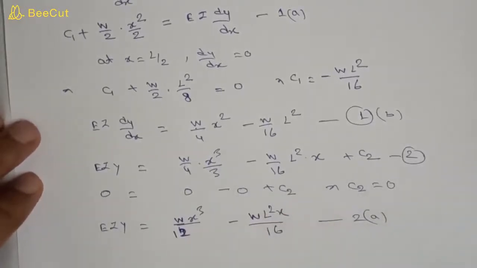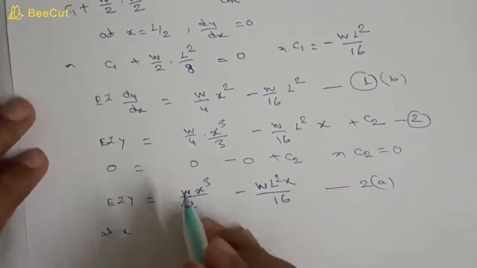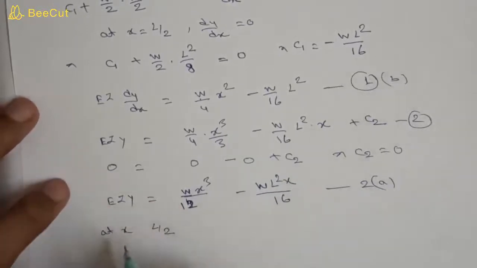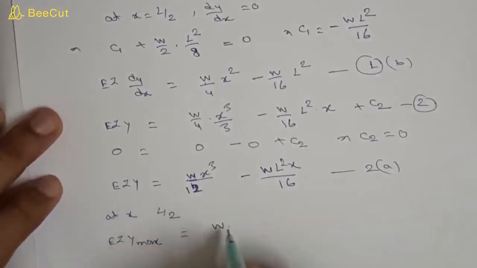Now we have to find the maximum deflection, which is at x = l/2. So EIy max will become w into l/2. We will put l/2 in place of x.